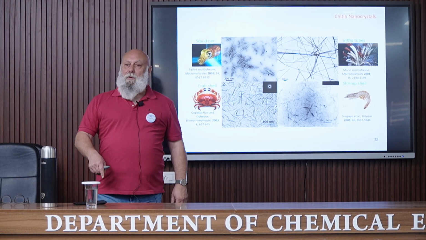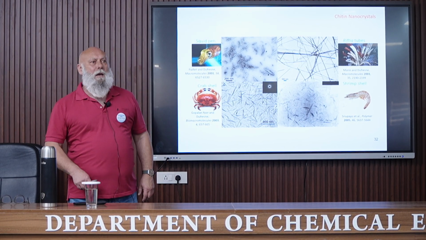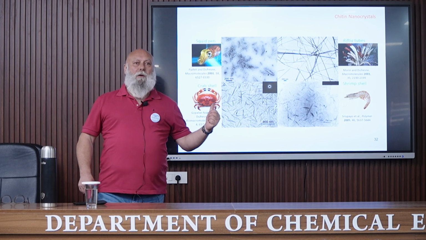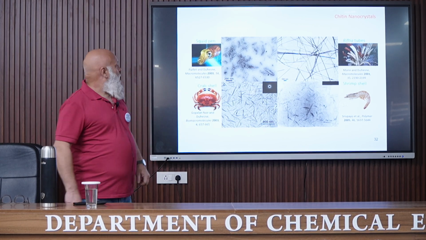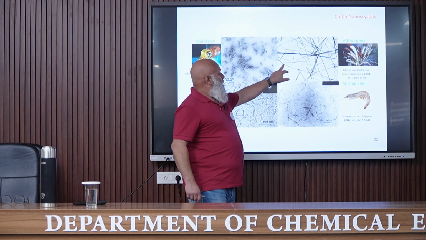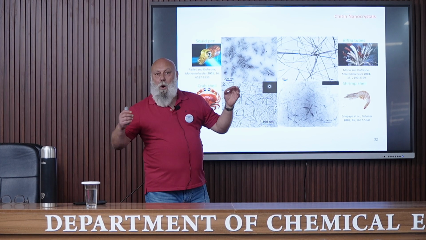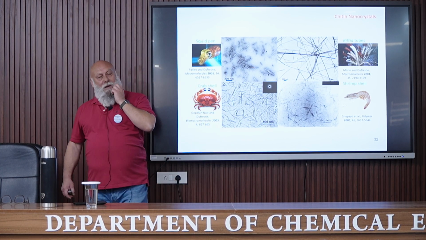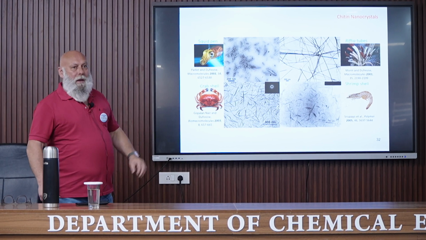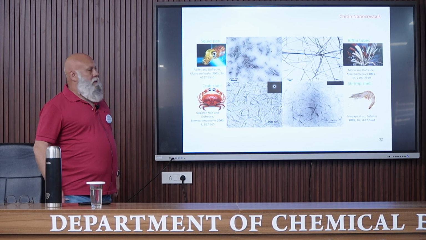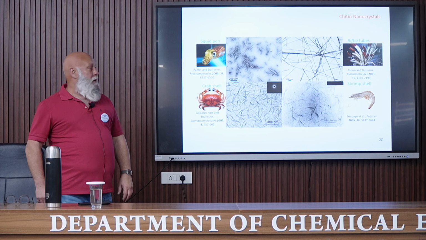Of course, at this level, the pressure is very high, meaning that the chitin material is highly crystalline. And you can see the resulting nanocrystals. They are very long. So the average length was 2.2 micron, and the average diameter was less than 20 nanometers.